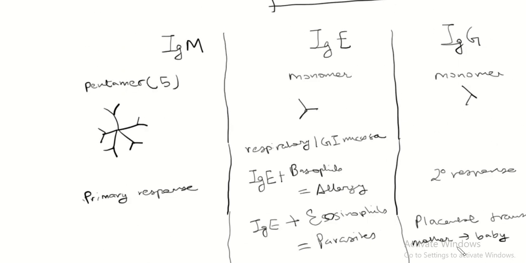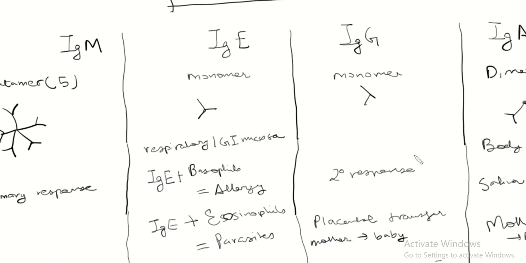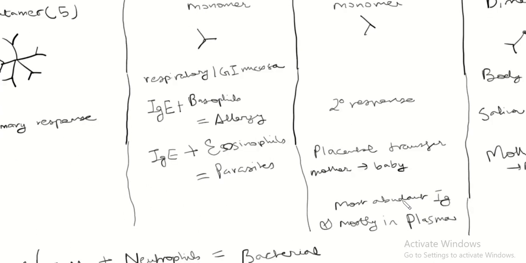Okay, IgG. These are the most abundant antibodies, and most of them are in our blood and blood plasma. They are our secondary response. Also, they can cross the placental barrier, so they can be transferred from mother to baby.